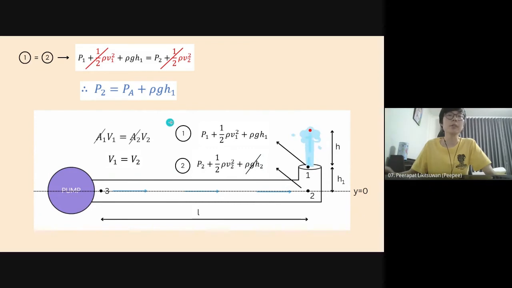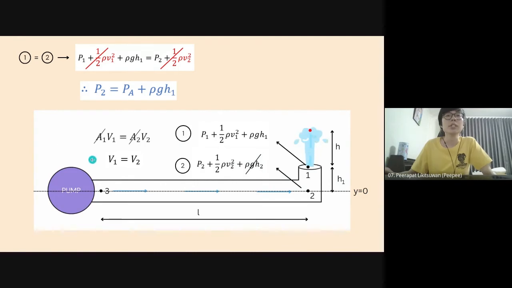A represents the cross-section area at point 1 and point 2. So you will notice that the cross-section area of the pipe at point 1 and point 2 will be the same value, so it will cancel out. So we will get V1 equal to V2. V represents the velocity at point 1 and point 2 respectively.